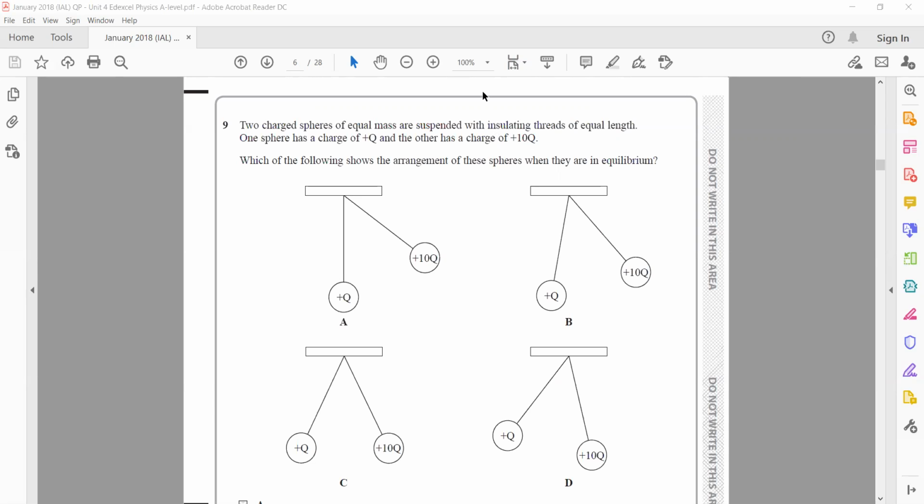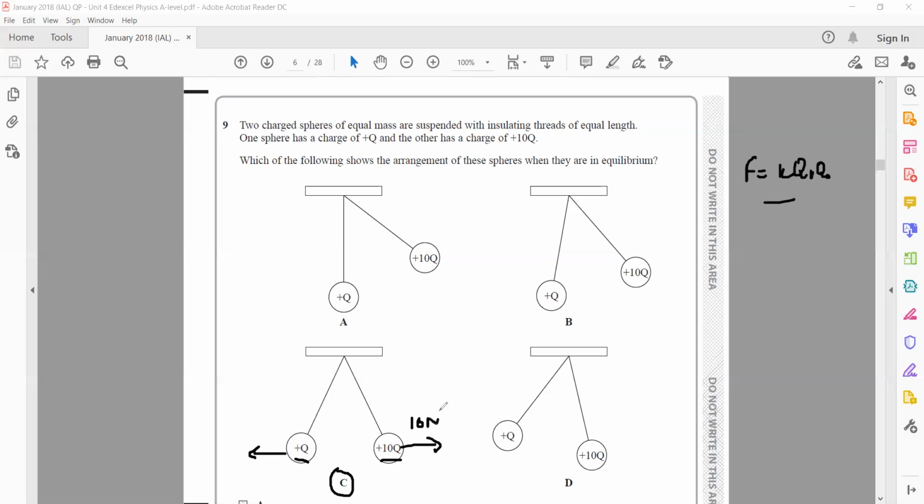The correct answer is C. Why is the correct answer C? Even though this is a 10 Coulomb charge and this is a 1 Coulomb charge, the force between them is the same, because the formula is F equals K Q1 Q2 over R square. So the force experienced by the 10 Coulomb charge is the same as the force experienced by the 1 Coulomb charge.